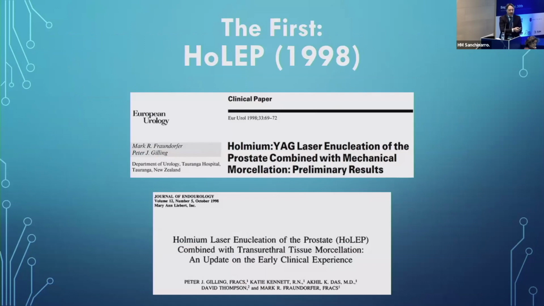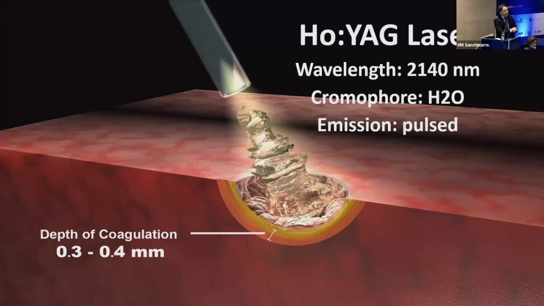But as I underlined, the interaction and what the laser does with different tissue is different according to the laser wavelength, to the laser chromophore, to the laser aspect, and to other things. So this is one of the most important slides we can have: the interaction of holmium with the tissue.